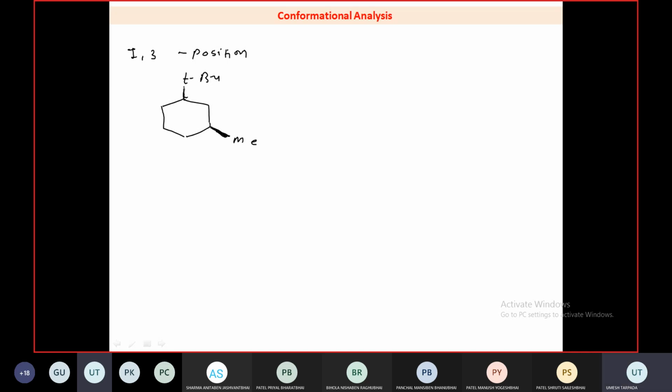Both are there in the same direction, and in another case, both are there in opposite direction. And how to draw its stable structure? So for the stable structure, you can draw it this way. Possible structures are 4. Which one is more stable? We will find out.